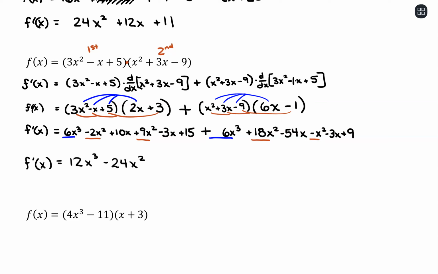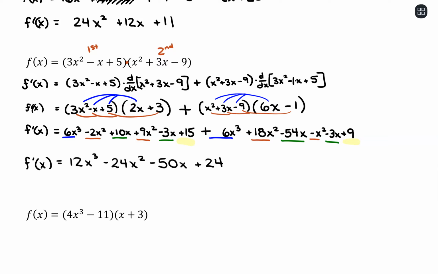Let's see, just regular x, 10x, minus 3 is 7, minus 54, calculator to help out there, 10 minus 3, minus 54, minus 3 is a negative 50. So I'm going to go minus 50x. And then we're going to have positive 15 plus 9 for 24. And we are done with that one.